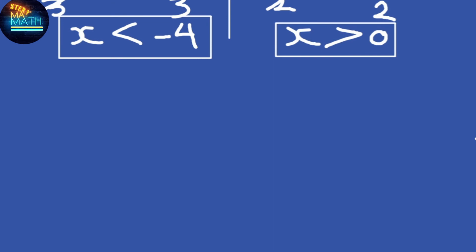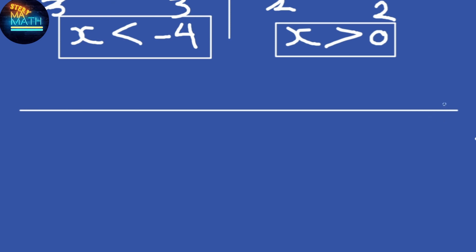And if you want to plot this on the number line, I will draw a number line here. Here's infinity, and here's negative infinity. And negative 4 is on the left, so here's negative 4, and here is 0. But notice that you will not shade all numbers between negative 4 and 0, because the first inequality states x is less than negative 4.